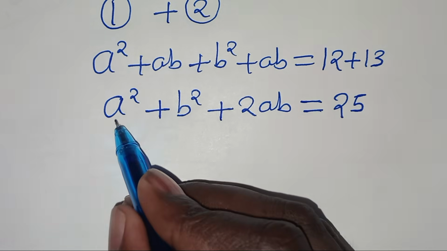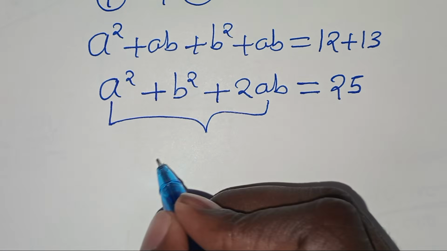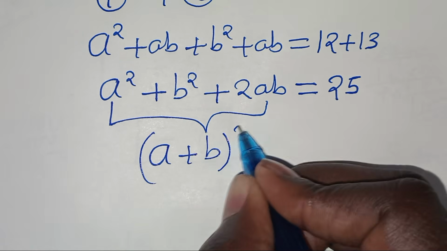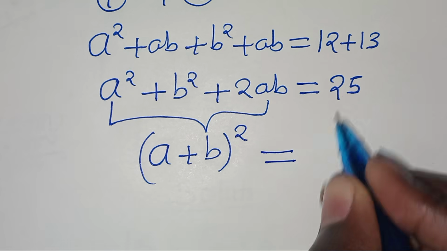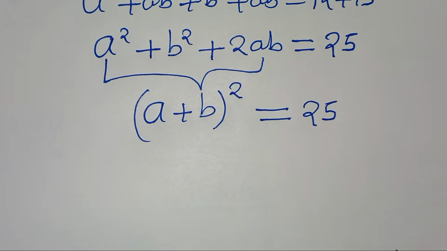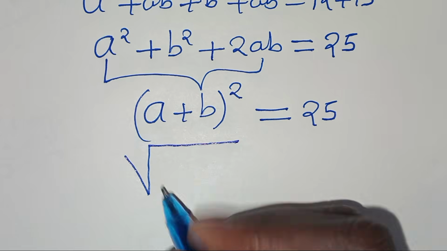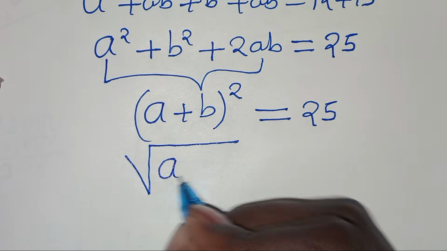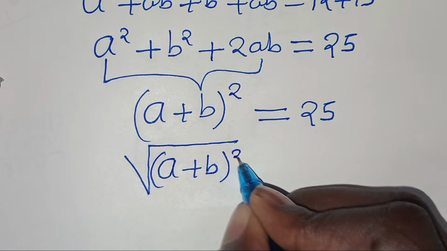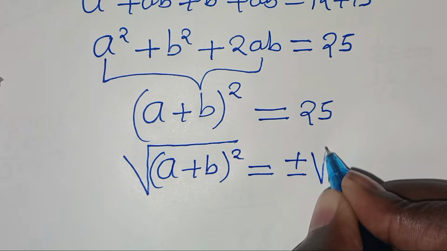Now, if we check this particular part here, this is actually in the form of a plus b raised to the power of 2, and this should be equal to 25. The next step is to introduce a square root on both sides, so that we have the square root of a plus b raised to the power of 2 equal to plus or minus the square root of 25.